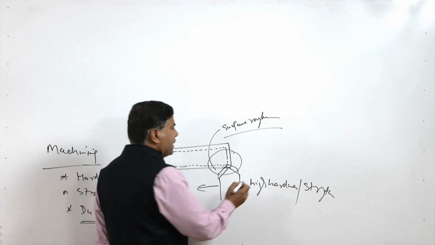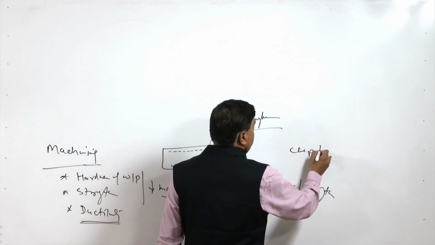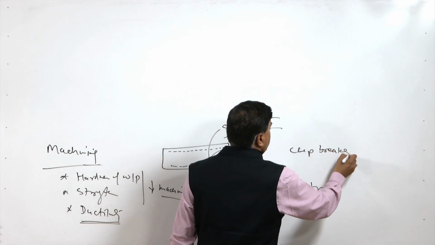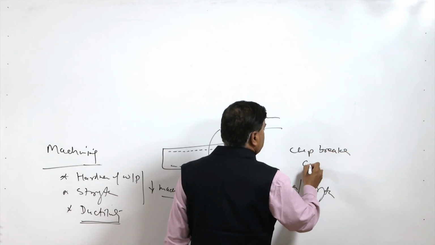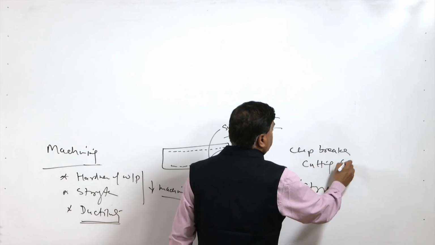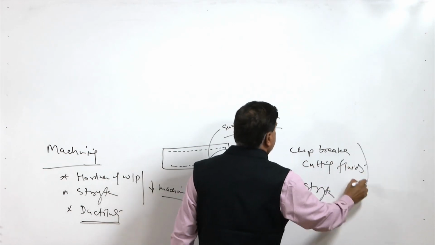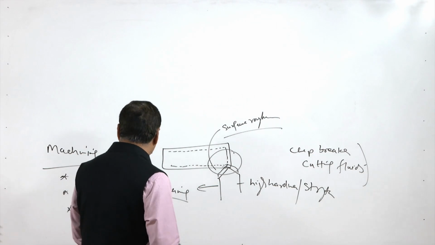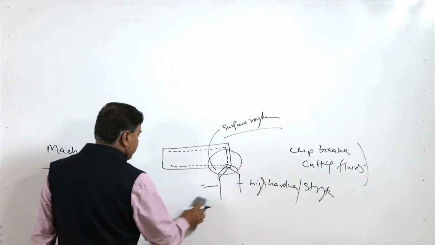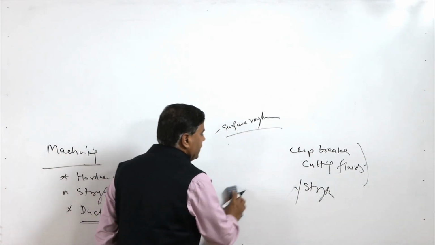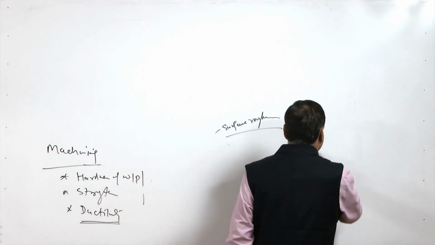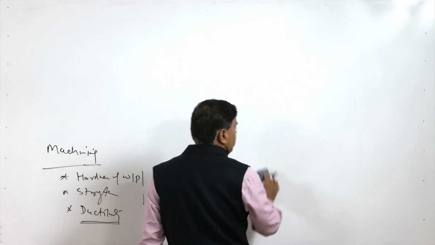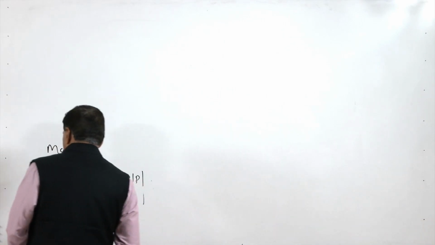Although there are methods like chip breakers, or the coolant or cutting fluid helping to clear the chips from the machining zone, ductility certainly affects the ease of machining in the way chips are cleared from the machining zone.